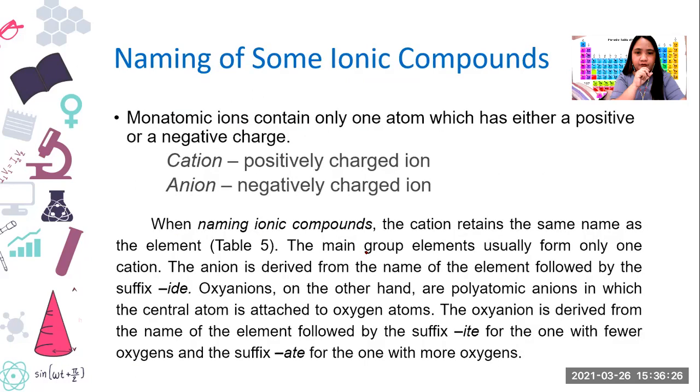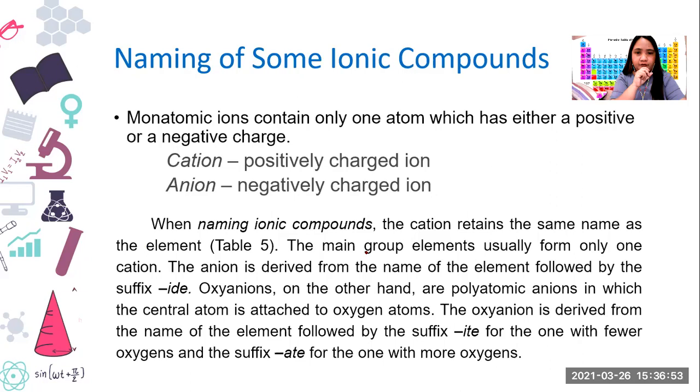More technicalities about this: we call a positively charged ion a cation and a negatively charged ion an anion. When naming ionic compounds, usually the first one retains the name of the element and the second element changes in form. Most of the time you make the suffix -ide, like sodium and chlorine becomes sodium chloride.